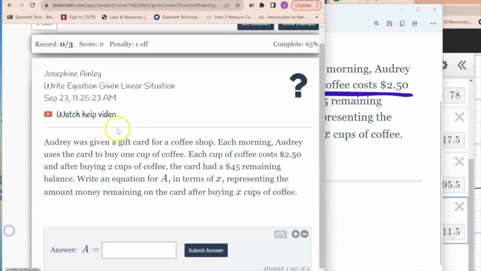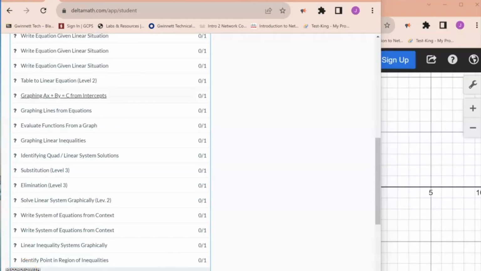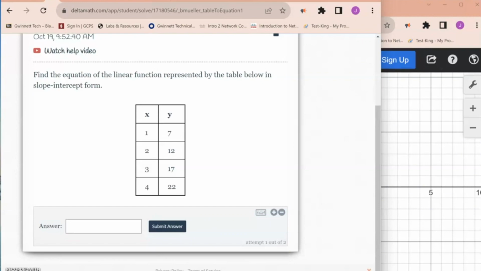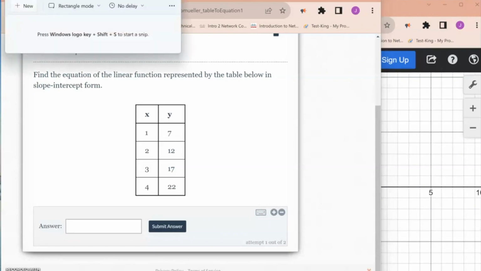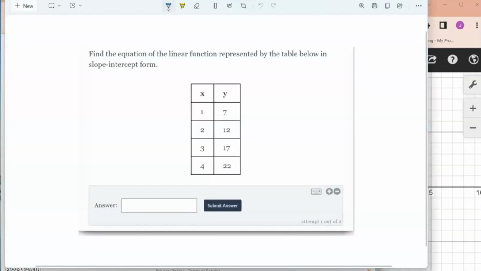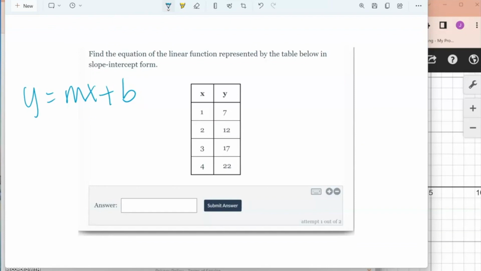All right, so we're going to take a look at table to linear function level 2. So remember, as always, since it is a linear function, you do need to have y equals mx plus b. Okay, so you need to find the y-intercept, and you need to find the slope, and then you can write the equation.